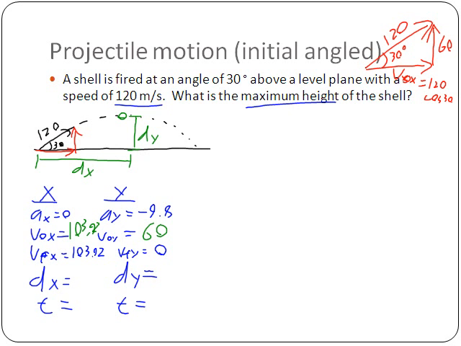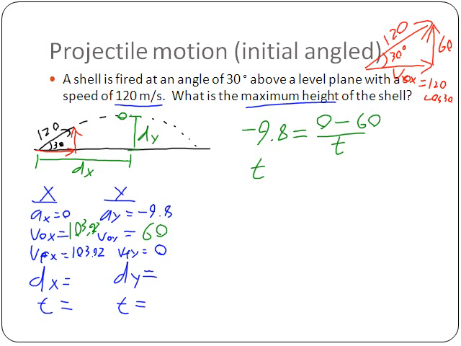Once we've got that, that tells you a little bit of what we're going to do next, because if we want to find the time, which is our key piece here, we know the acceleration in y, we know the original velocity in y, we know the final velocity in y. So let's look at our acceleration equation. Acceleration is final velocity minus original velocity over time. So the acceleration, negative 9.8, equals the final velocity, which is 0, minus the original velocity, which is 60, over the time.